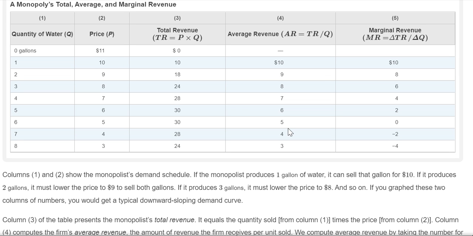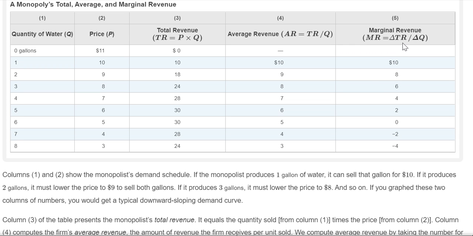Now comes the trickier part, which is the marginal revenue. Now, don't let this blow your mind. Marginal revenue is just about how the price changes. If you remember, marginal revenue on the curve changes as the unit price changes. So let's talk about the formula for it.